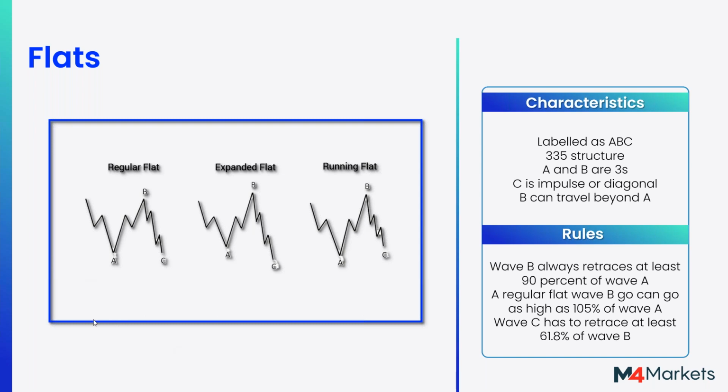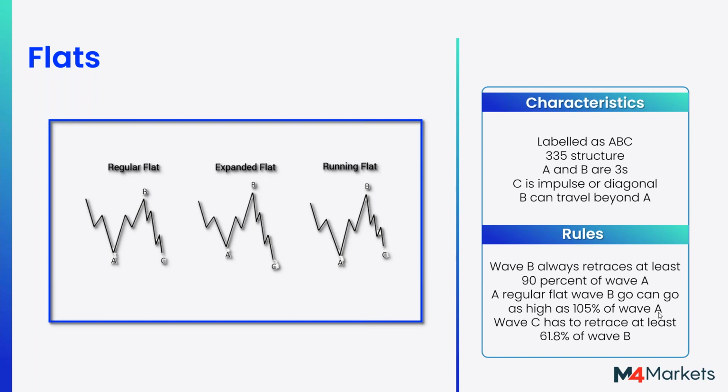The structure though is 3, 3, 5, and this is why they are easier to identify. A and B are 3s, and C is either an impulse or a diagonal. B can travel beyond wave A.